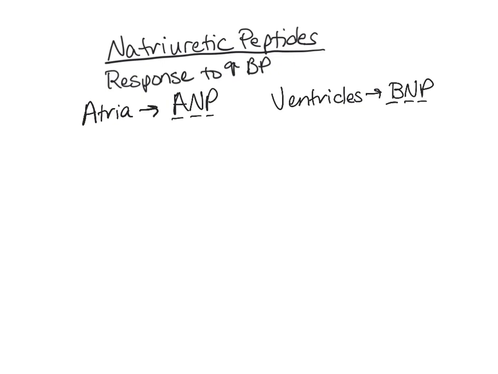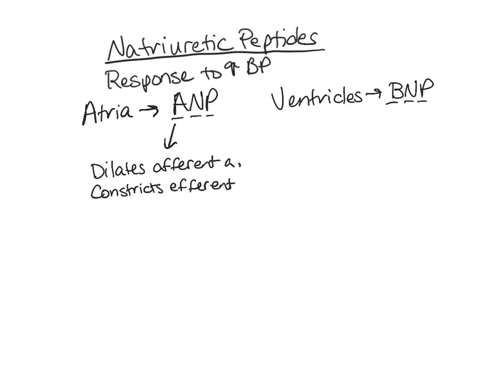So let's talk about them separately. When the atria release ANP, ANP does two things. It dilates the afferent arteriole and it constricts the efferent arteriole. So again, we have the same situation where the afferent arteriole becomes dilated, so we have more blood flow going into the glomerulus, and the efferent arteriole becomes constricted, so there's more resistance, and that is going to increase the glomerular filtration rate.